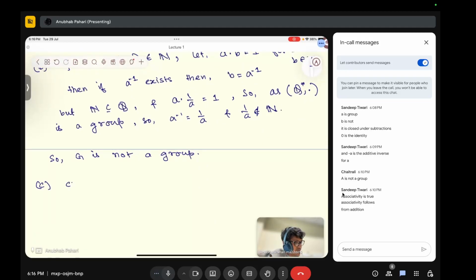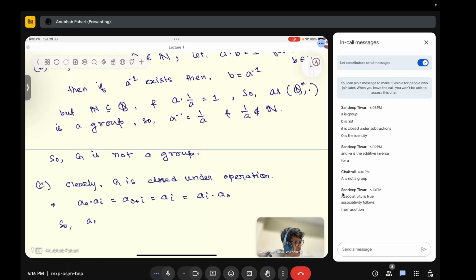So clearly, G is closed under the operation, and A0 star AI equals A0 plus I, which is AI, and similarly follows from here.